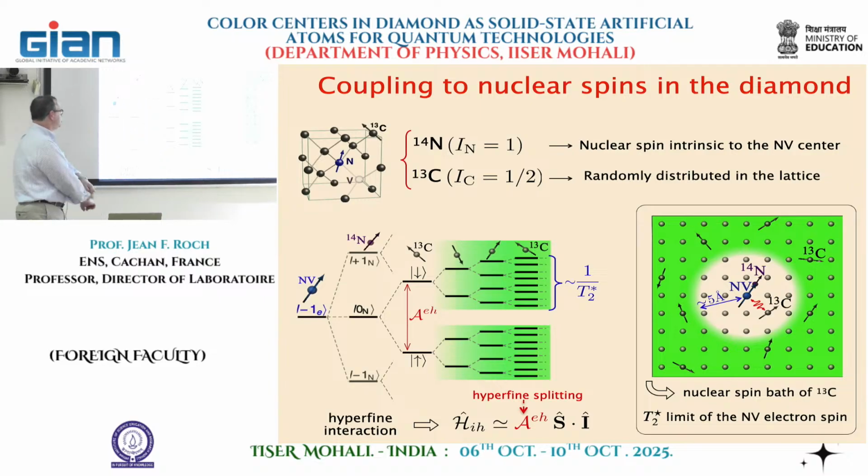But at the end, what you have is again each system. So for instance, for that system, you add a third Hilbert space which is associated to the carbon nuclei to which the system will be coupled. Carbon nuclei have a spin 1/2 for carbon-13.